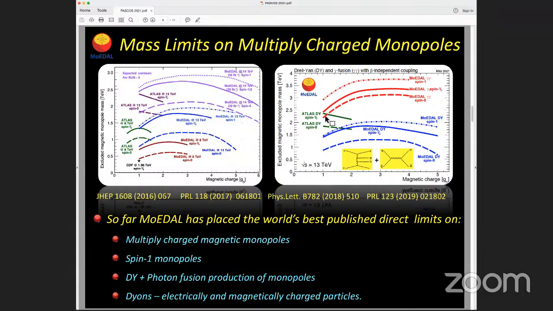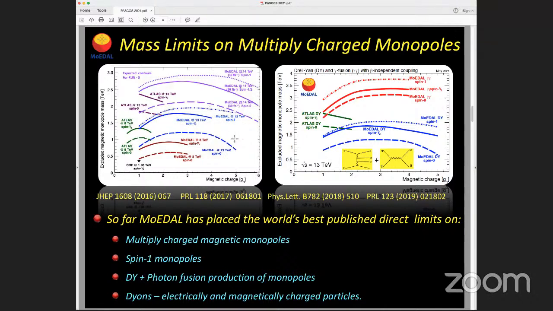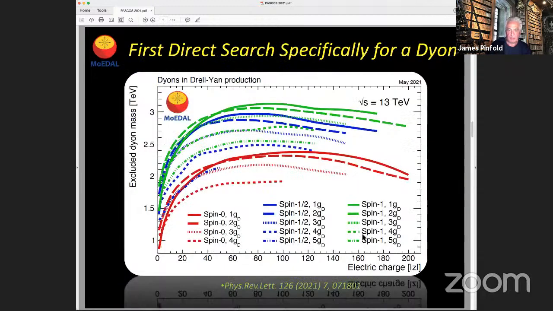Okay, so I mean, CMS has gone up to 8e previously, and ATLAS has gone much higher than that. Yeah, they can. I'm only showing monopoles here, right? Well, I was actually talking about your later result on HIPs. Yeah, and they go up to 100, I believe. This is for dyons, and we've got a highly charged particle result coming out.